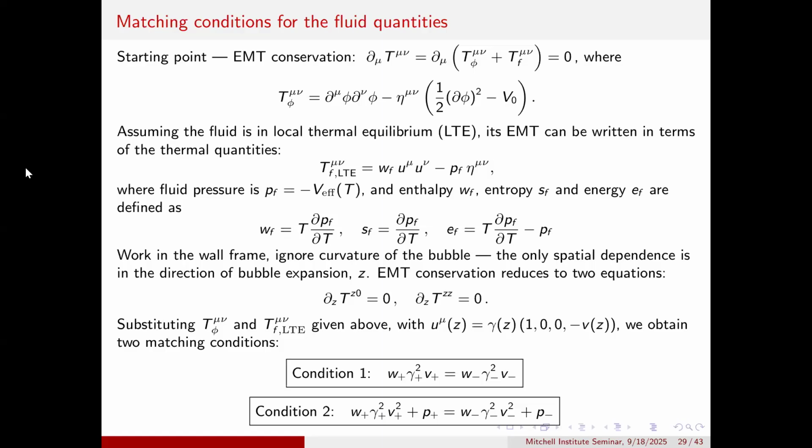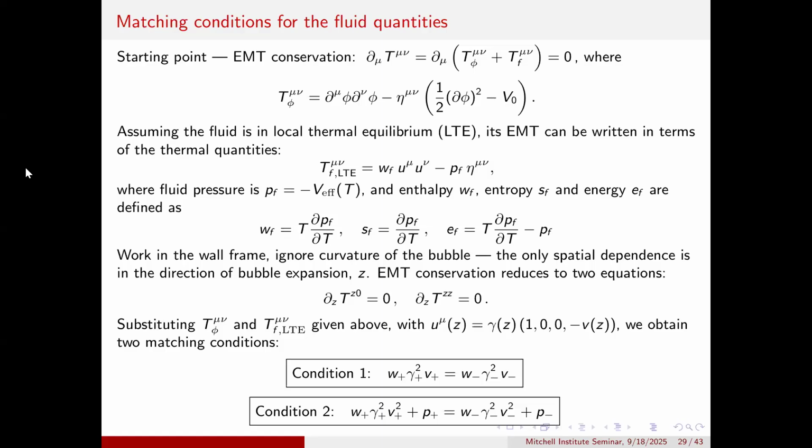In this case, its T^{μν} can be written in terms of the thermal quantities as this. With this expression, one more approximation we can take is that we can work in the wall frame, and if we are close enough to the wall, we can ignore the curvature of the wall.